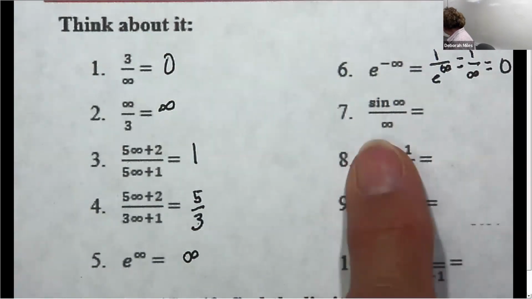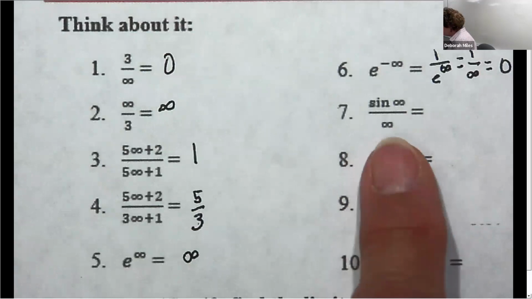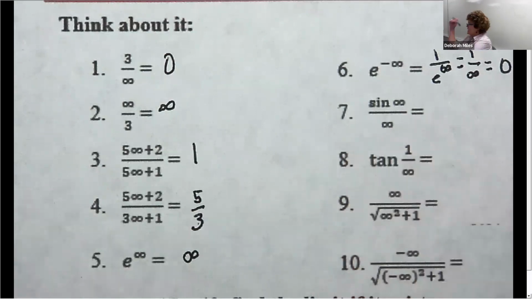Now, number 7, if you cancel the infinities, that would be very, very wrong. Sine infinity divided by infinity. Do you have any way to think about that and come up with a number?